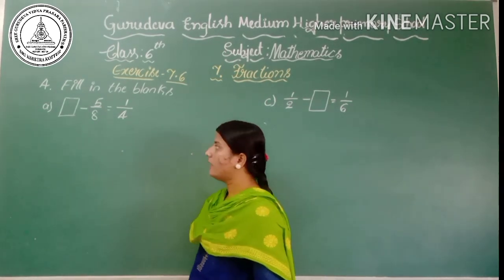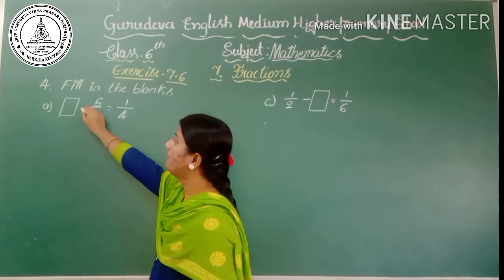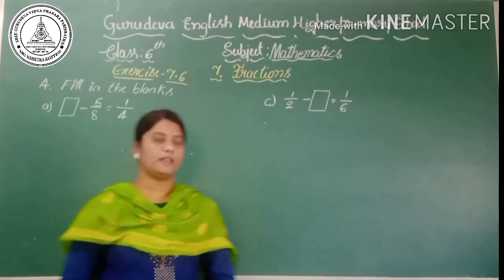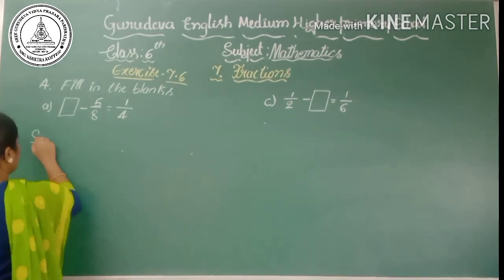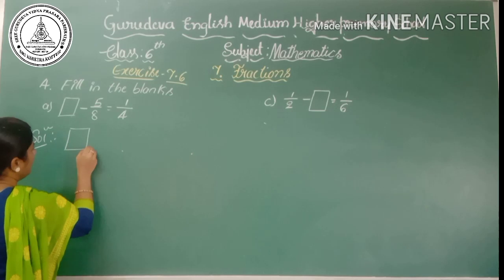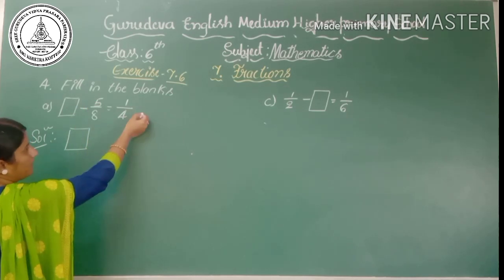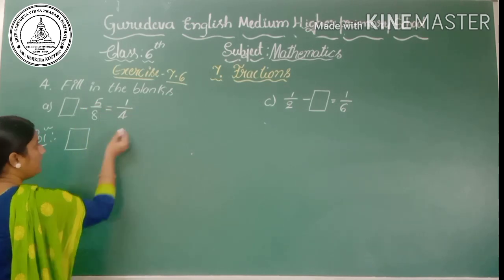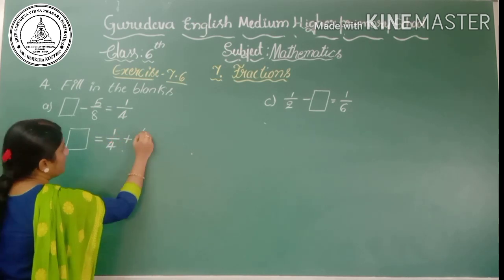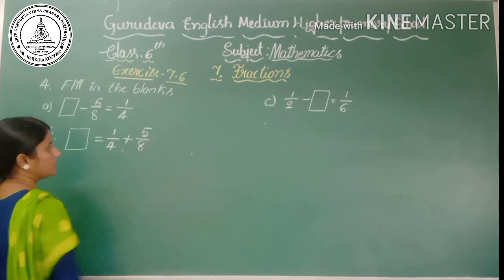What we have to do is move the minus 5 by 8 to the other side of the equals. First write your solution. Keep the box here, and minus 5 by 8 moves after the equals, and it will become plus, which is equals to 1 by 4 plus 5 by 8.